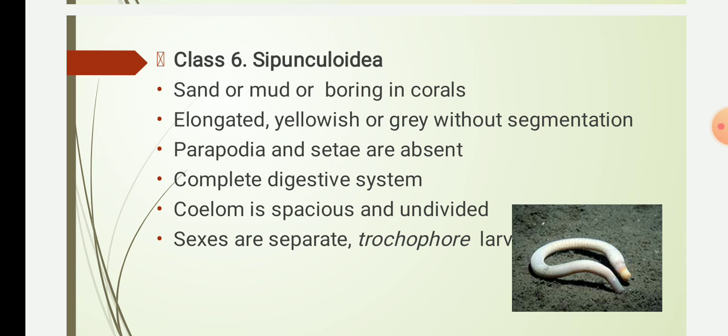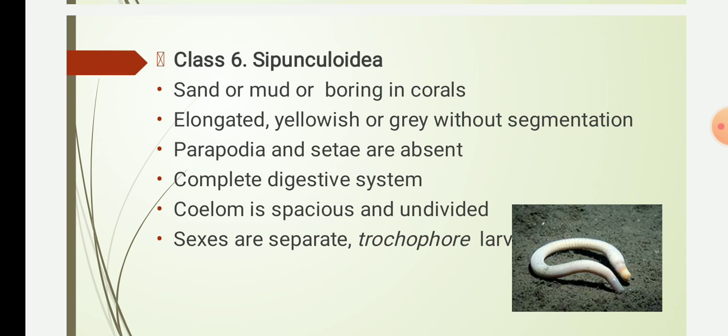In this, parapodia and setae are absent, whereas the anterior end introvert is provided with the mouth, which is encircled by a row of hollow ciliated tentacles. The anus is placed on the dorsal surface near the anterior end. The coelom is spacious and undivided.